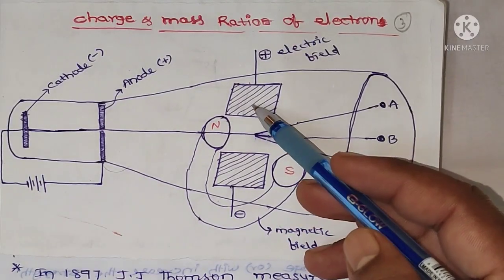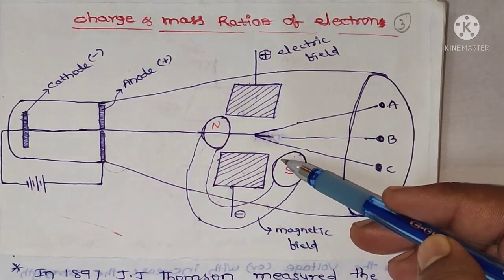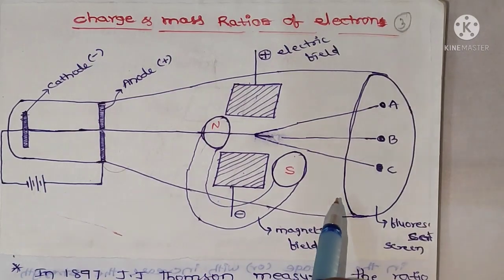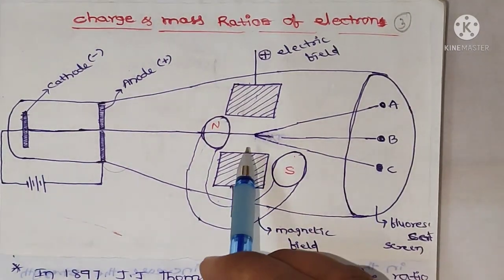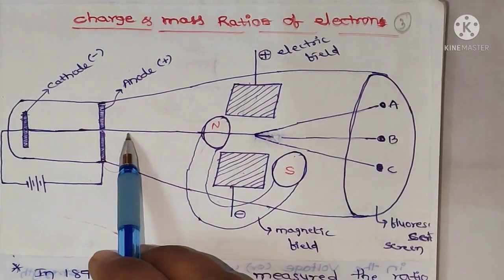So see here, this is the electric field, this one is the magnetic field, and this is the electron path.